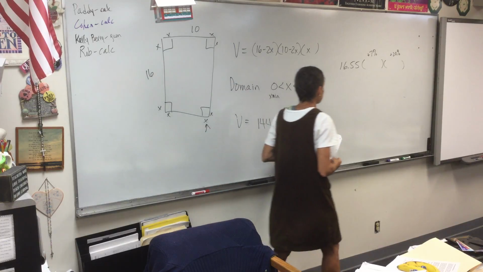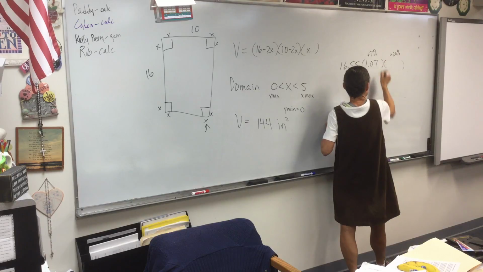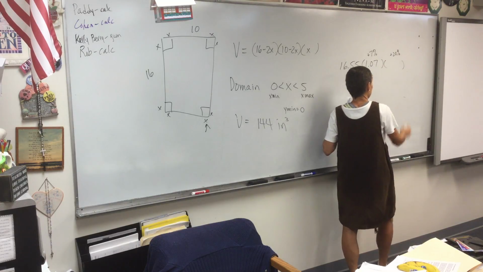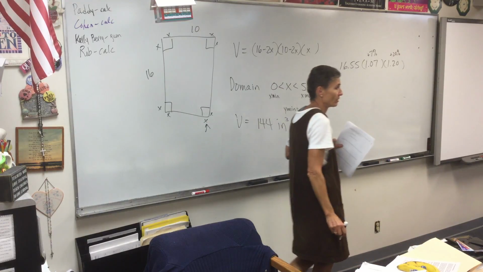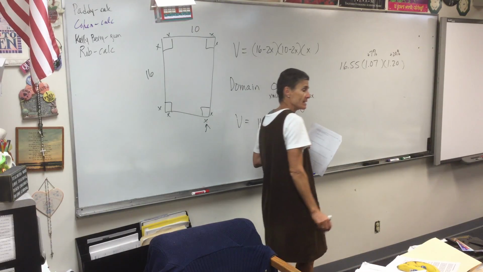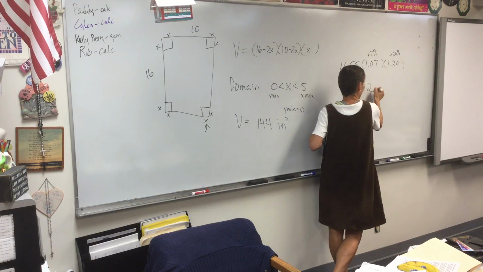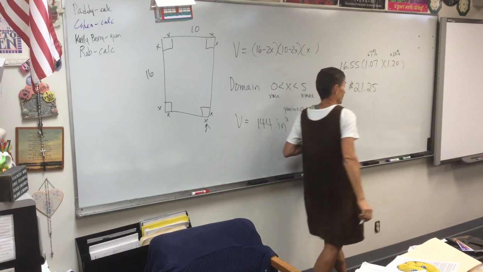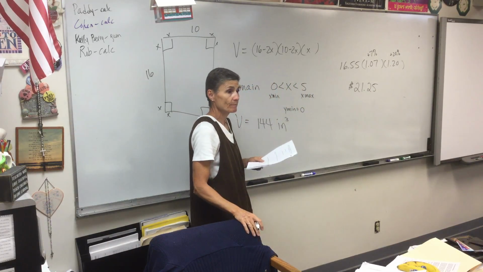So we're going to take our $16.55 and multiply it by what? 1.07. Perfect. And 1.20. There we go. Type it in, round it off to the nearest cent, and the answer is 21.25. Agreement on that? I'm taking your word for it since I don't have a calculator anymore.